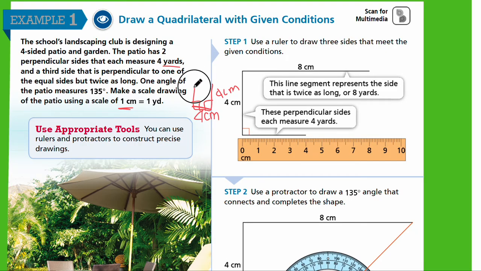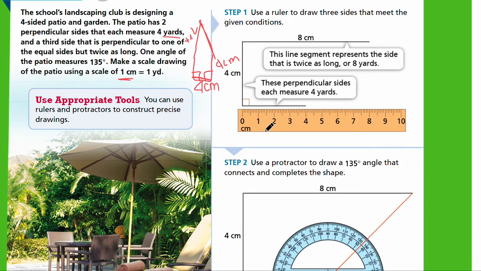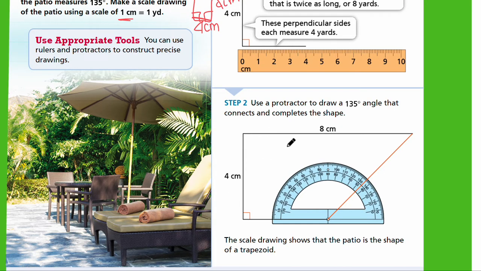So twice as long, 4 times 2, right? And then we have the other side like that, okay? So then we have 4 by 8, and we don't know what this would be, but this is also 4 centimeters.